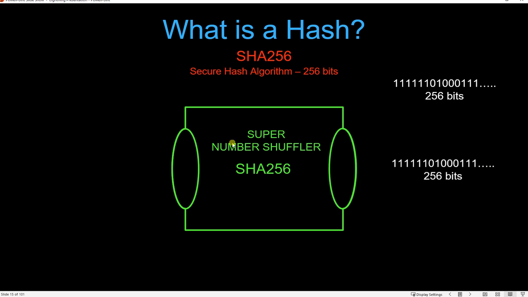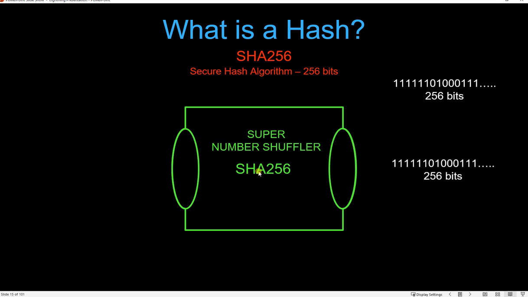Okay, so again, you may be thinking number shuffler, right? Imagine taking a deck of cards, throwing it on the ground, shuffling them all over the floor with your hands and putting them back together. That is pretty random, right? But if I gave you a deck of cards and told you to do that once again, the cards would not be in the same order. That's not how this works.